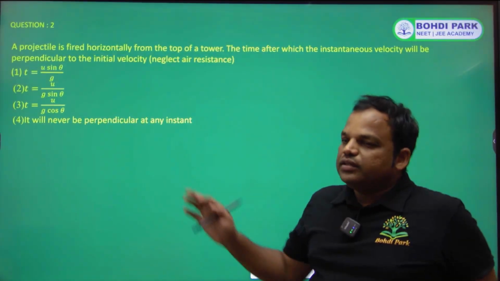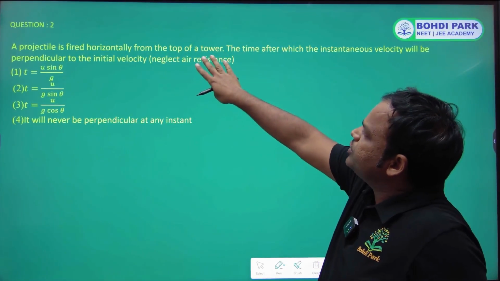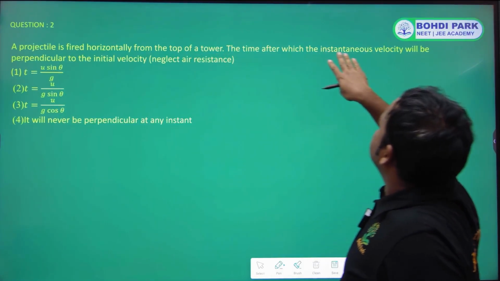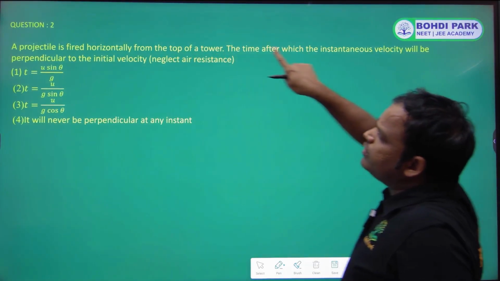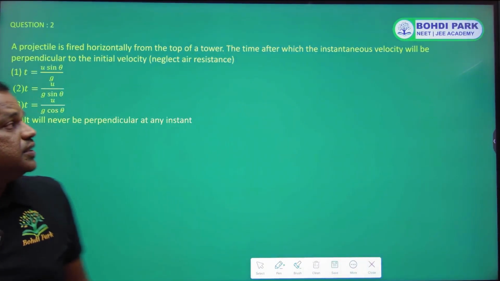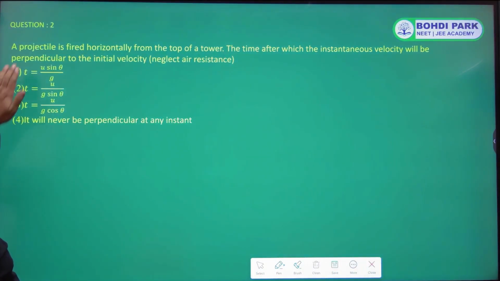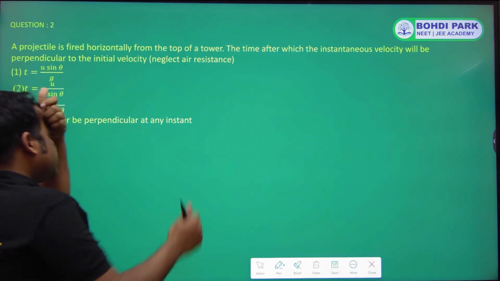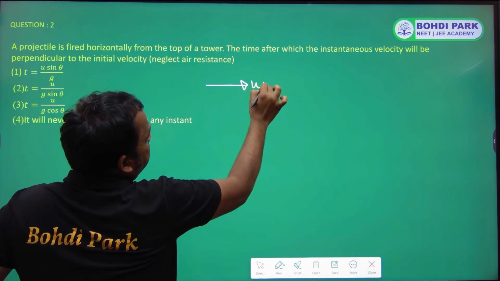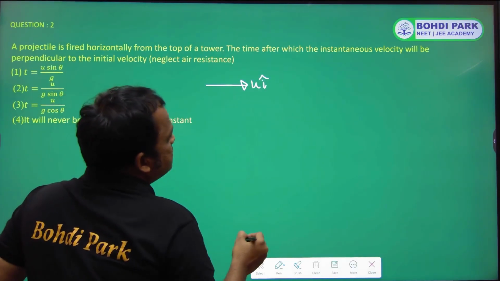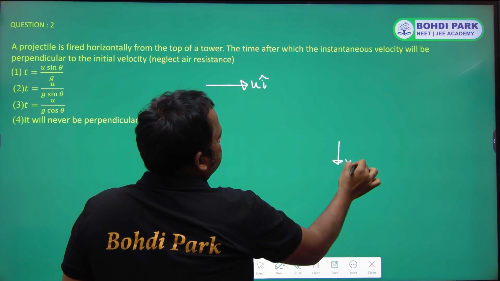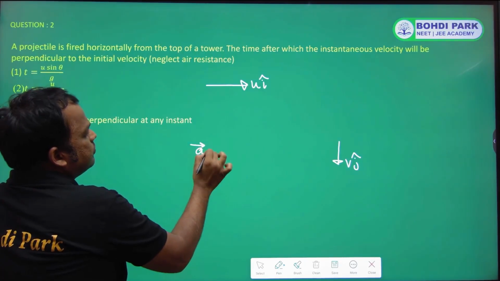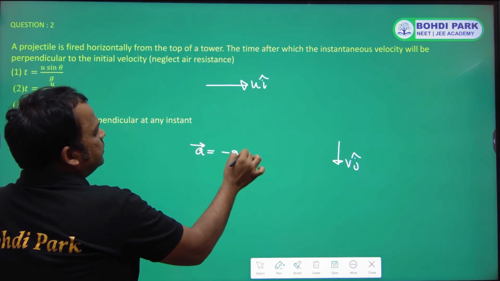Question number 2. A projectile is fired horizontally from the top of a tower. Find the time after which the instantaneous velocity will be perpendicular to the initial velocity. The projectile is fired horizontally, so the initial velocity is u i cap, the final velocity is v, and the acceleration vector is minus g j cap.